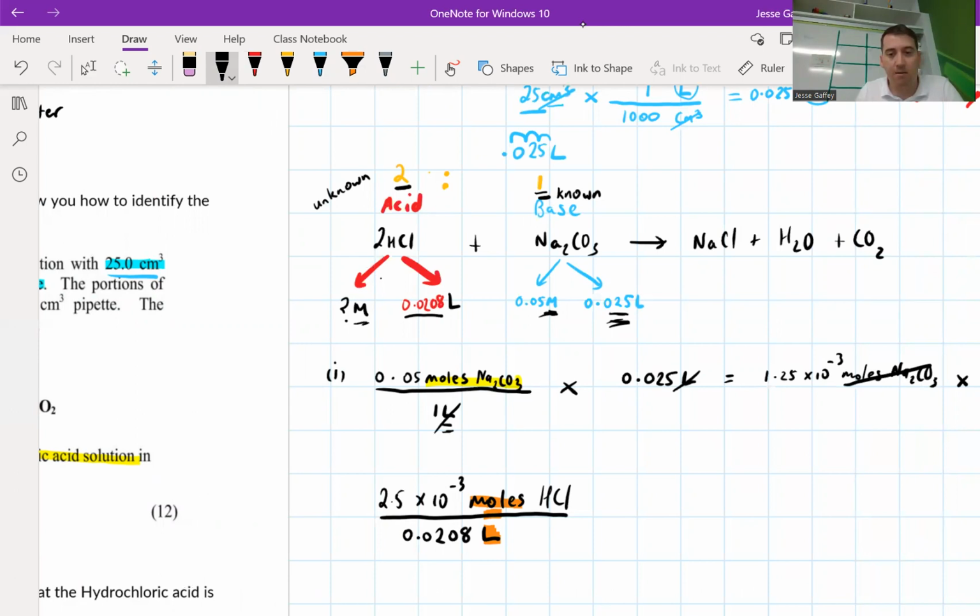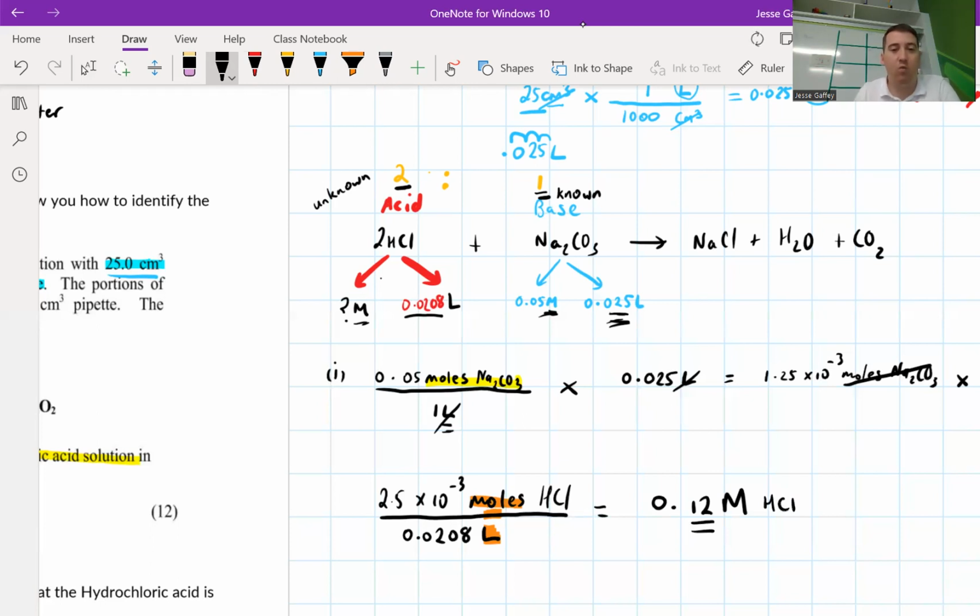Okay, and I am getting 0.12 moles per liter, which I can write like this, capital M, 0.12 molar. Remembering that it asked us to go to 2 decimal places. And this is the HCl.